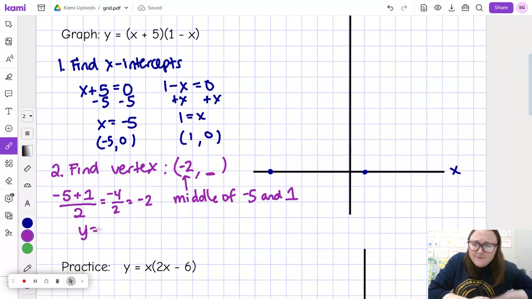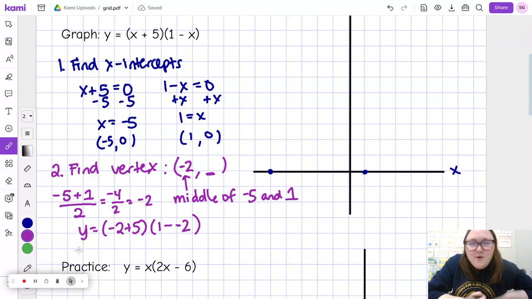I need to solve y equals x plus 5, so x is -2 now. So I'm going to say -2 plus 5 times 1 minus x. X is -2, so it needs to say 1 minus, be careful, you need a second one, 1 minus -2, right there. And this is the math we need to do. Why don't you pause the video and make sure you can do that math to get our y-coordinate.